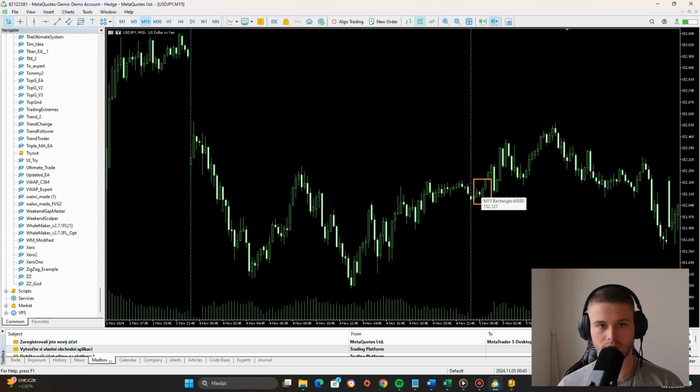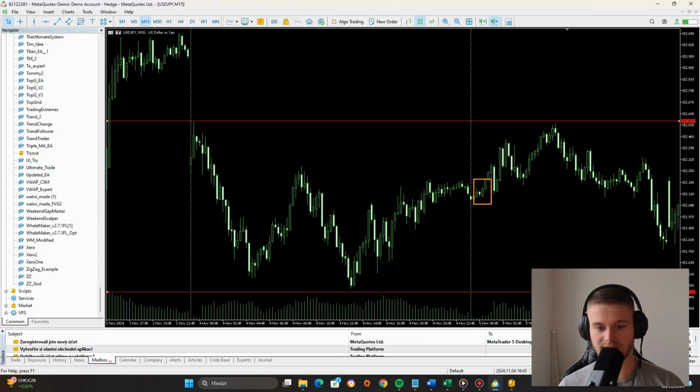So what the EA will do is that when there is a start of a new day, which is happening right here, it will find the highest point of the previous day, which is right here at this wick, as you can see, and it will also find the lowest point of that previous day, which is right here.